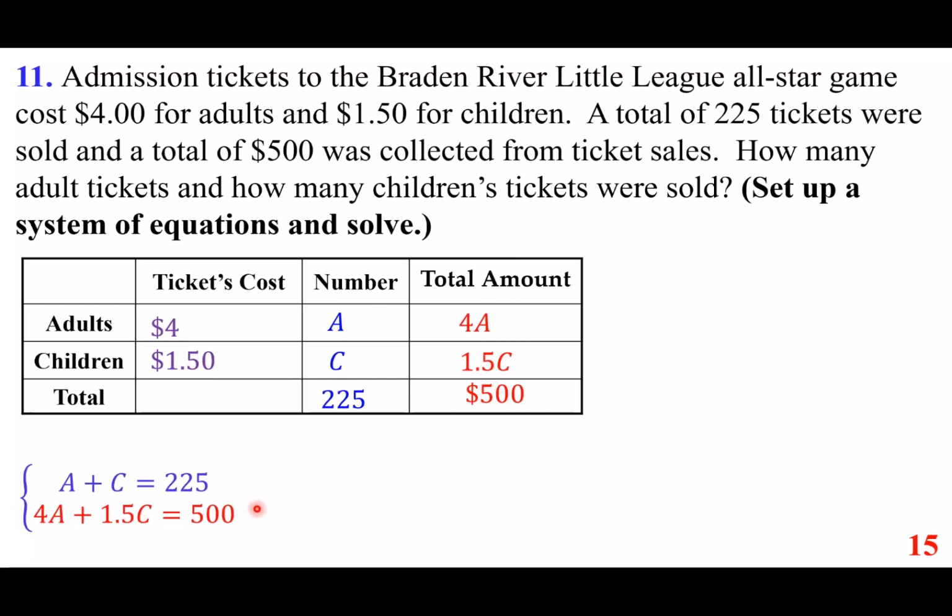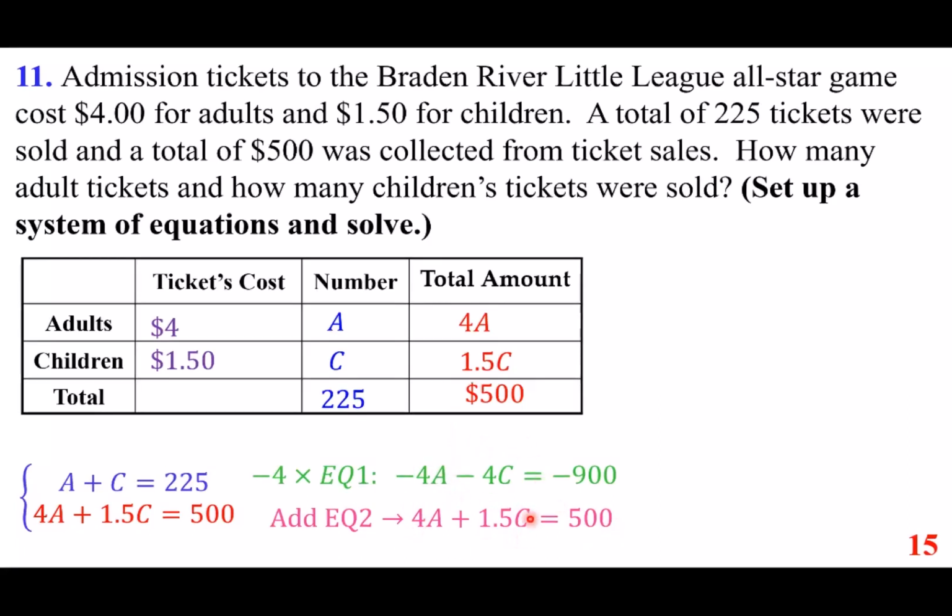Now, by any method, okay. For example, if you multiply this one by negative 4, you get minus 4A minus 4C equals minus 900. And you just repeat the second one, you don't change anything. These two cancel each other.